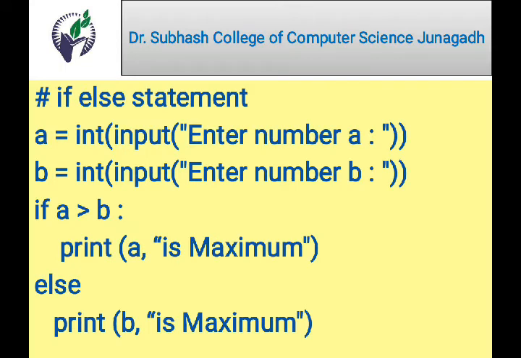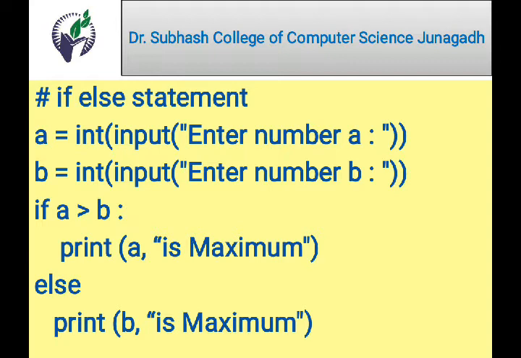Here is the if else statement. In this if else statement, we are using two inputs. One is A, enter number A, that will be stored into A. Another is enter number B, that will be stored into B. It is the simplest form of finding the maximum of two numbers.